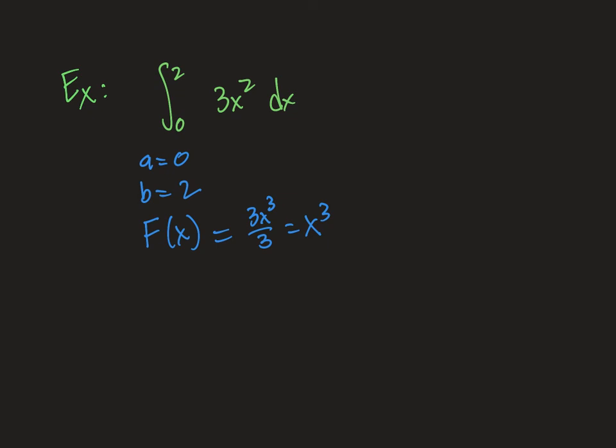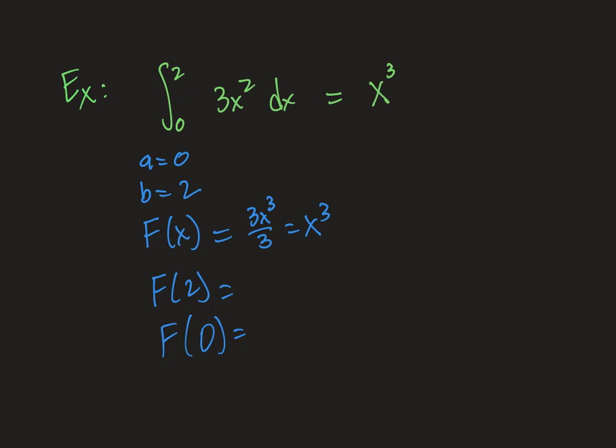So if you want to find the area under this curve, you just need to take that f of x, the c we don't need to worry about, that function, and we need to plug in capital F of b, so F of 2, and F of 0, and subtract those. Now, the way we do that is with this notation. We figure out the antiderivative without the plus c, which is what we have over here, x cubed.